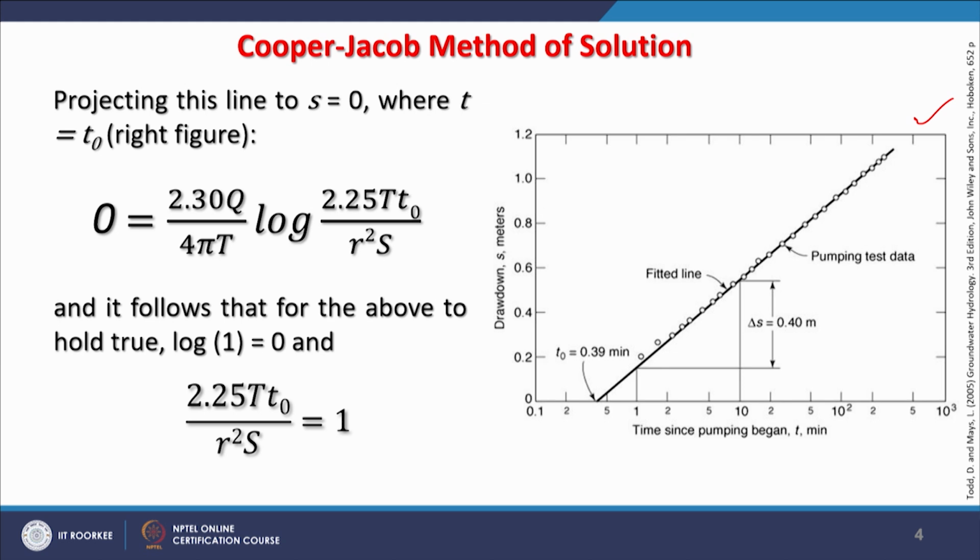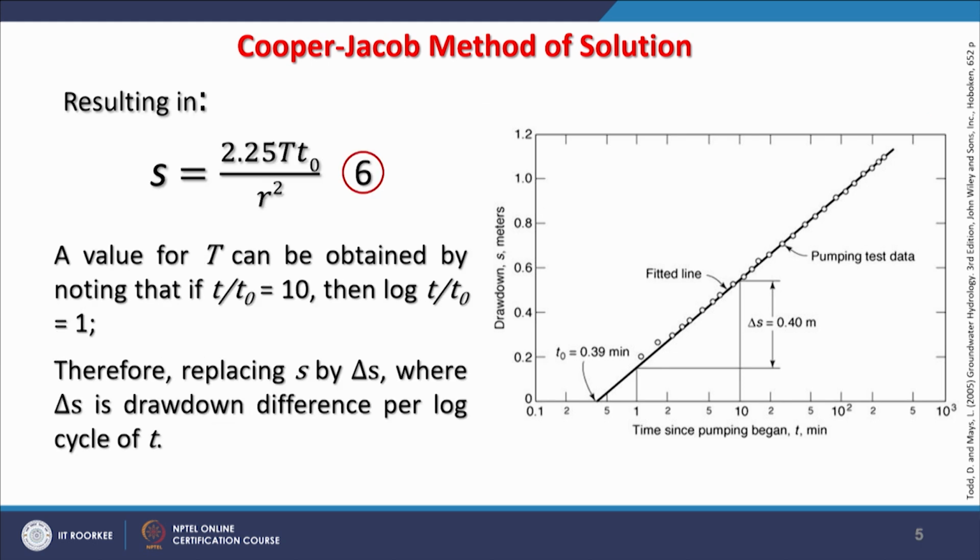So, we can write like this, that 2.25 capital T t0 upon r square S equals 1. So, in this way we get a new equation which is equation number 6 in this presentation, S equal to 2.25 capital T t0 upon r square.